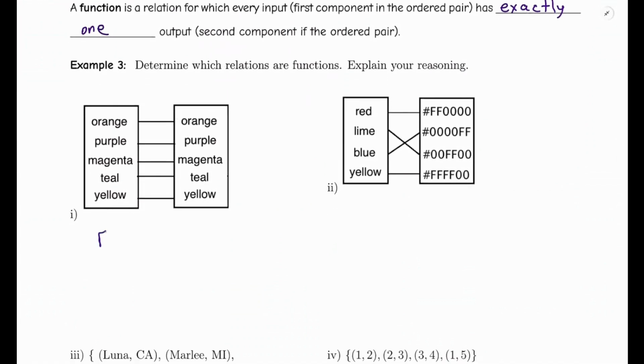This is a function. Each input goes to exactly one output. That's why it's a function. This one is a function. Again, for the same reasoning, each input goes to one output.